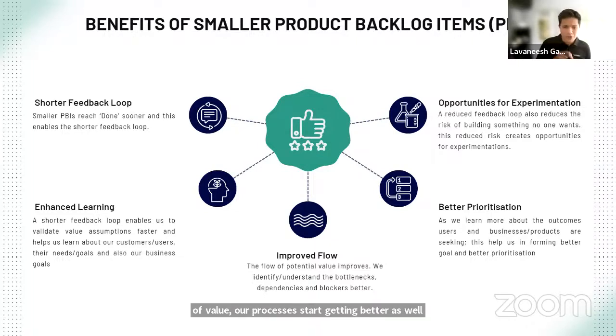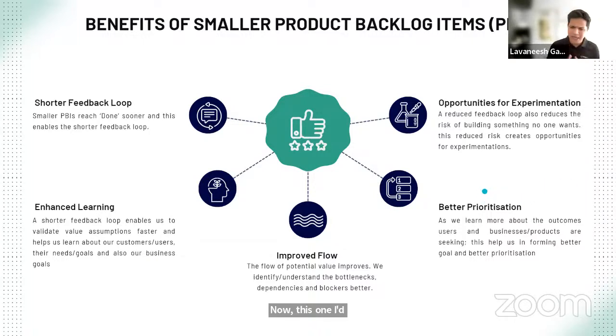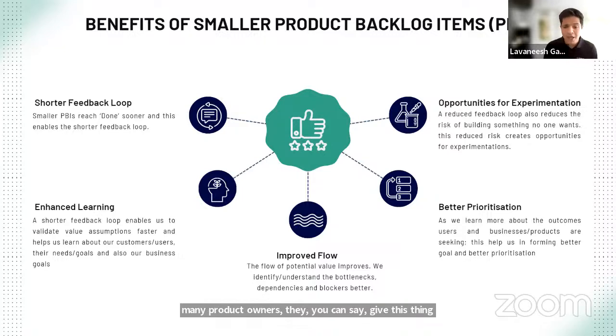Now, this one I like a lot. This is something that gives many product owners a headache, which is prioritization. When our items are smaller, we can actually see where the problems are. Probably we can understand those product backlog items a little bit better.